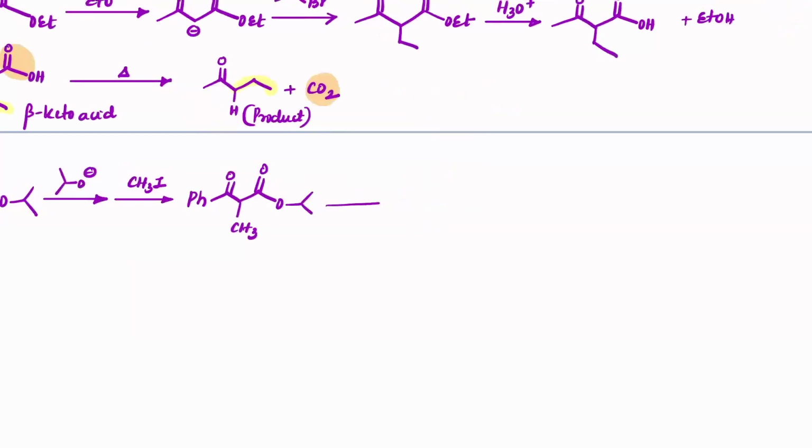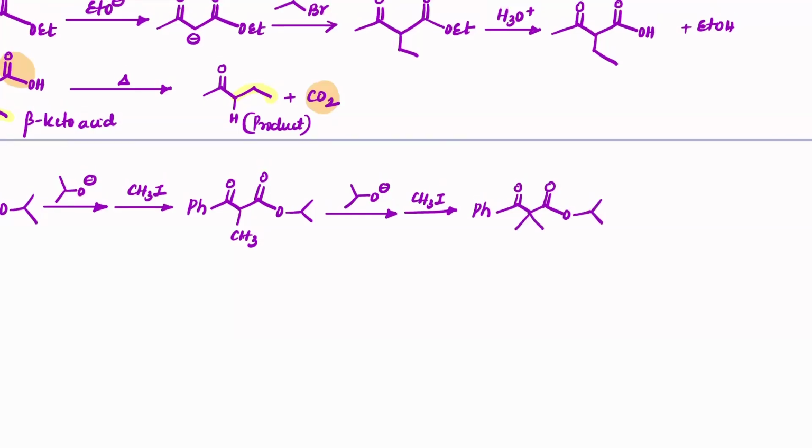And I am doing the same job one more time, that is O minus followed by CH3I, correct? Because one more hydrogen is still present, and that is also still acidic. So as you do that, you will get double bond O, double bond O, one more methyl will come here and isopropoxide will be here.